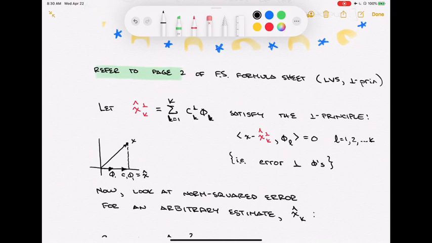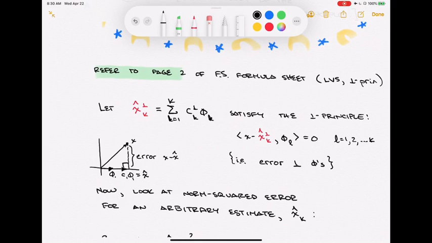In this particular case, this dotted line I've drawn here is the error, right? That error is x minus x hat, or you could do it the other way. And we know that that error is minimized as long as the error is orthogonal to, or at right angles to, the building block of interest.